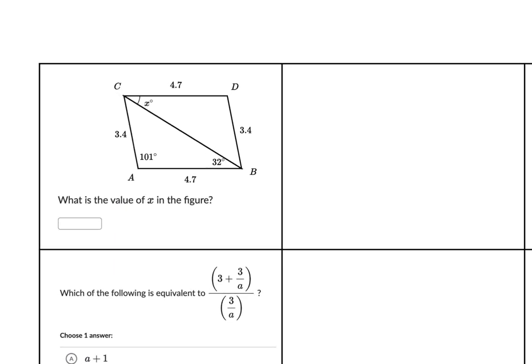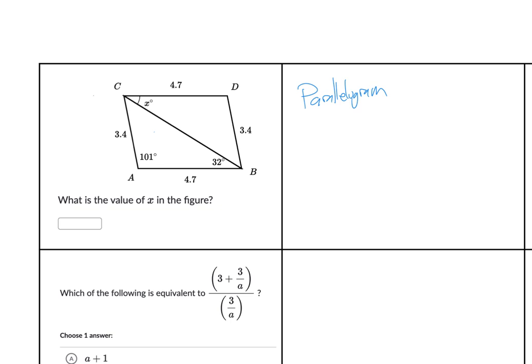What is the value of x in the figure? Okay, this is reviewing a few geometry topics. If both pairs of opposite sides are congruent, then we have a parallelogram. Okay, and it looks like a parallelogram. They're not trying to deceive you at all with how it looks. So this is a parallelogram.